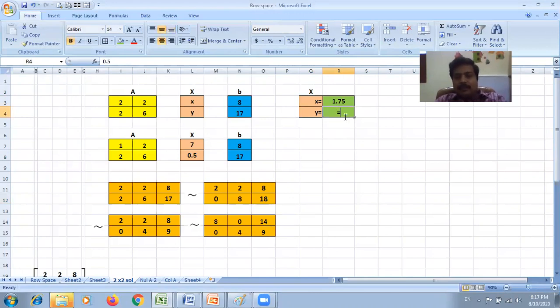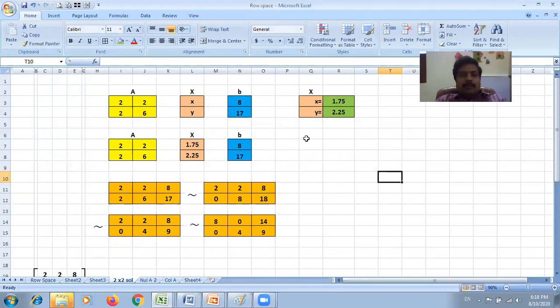And 9 by 4 is the y value. If we take these values here, these two values satisfy this equation.